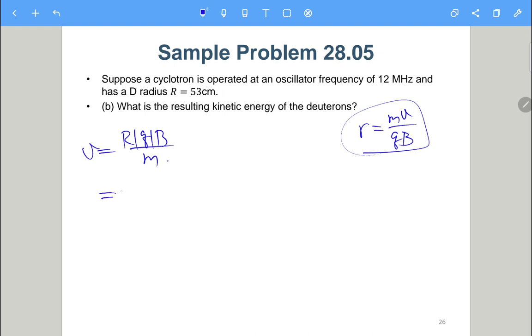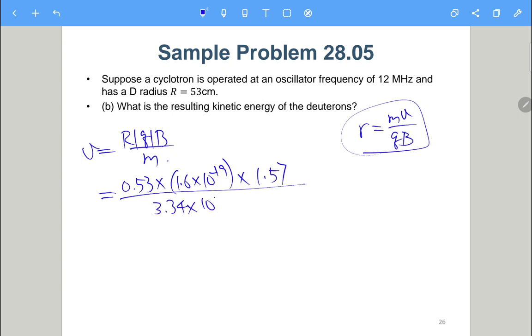So this is 0.53 times 1.6 times 10 to the minus 19 times 1.57, all over M, which is 3.34 times 10 to the minus 27.